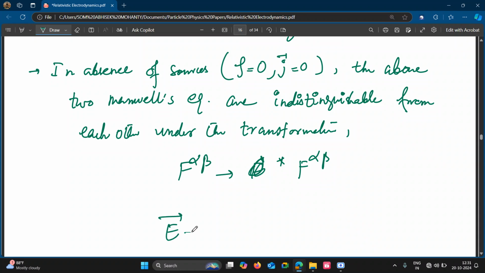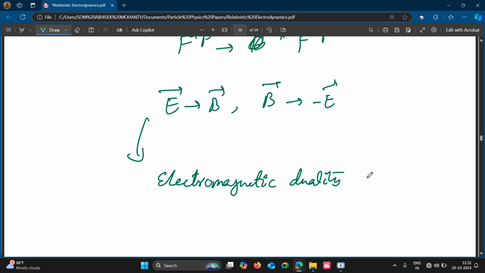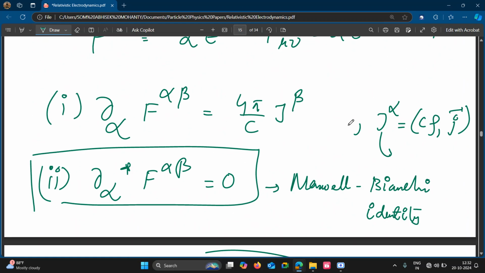It means E will transform to B and B will transform to minus E. Such a transformation is called the electromagnetic duality transformation. So this is another thing we have studied here.